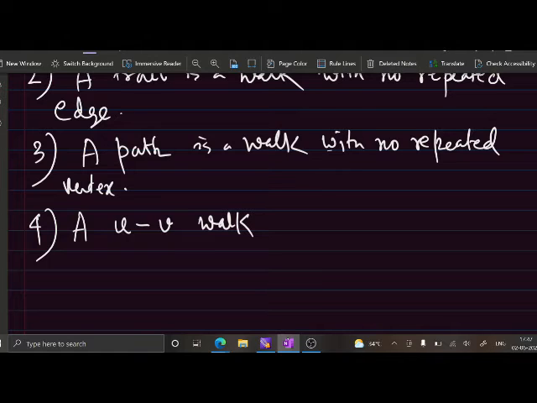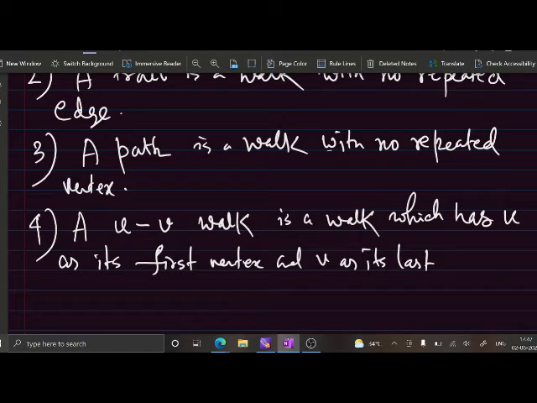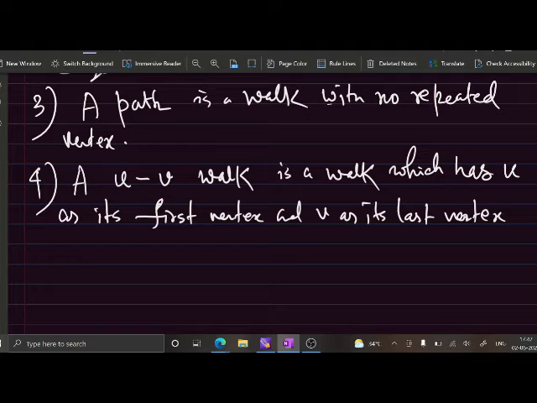A UV walk is a walk which has U as its starting point, as its first vertex, and V as its last vertex, and these are the end points of the walk.